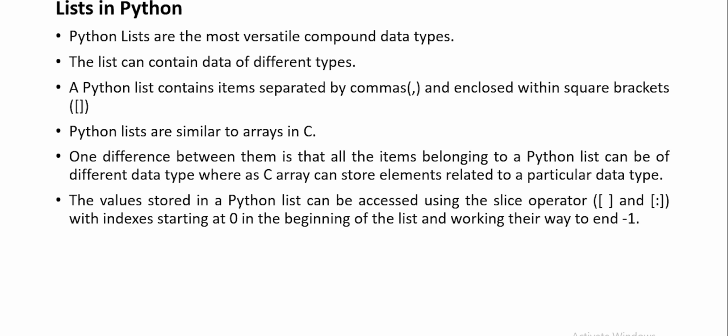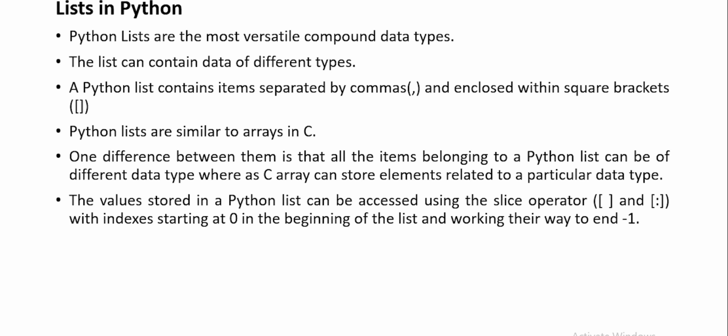In an array we have items of similar data type, but in a list we can have different data types, right? So values stored in a Python list can be accessed using the slice operator. Slice operator, you can see brackets, and then inside the brackets we have a colon.